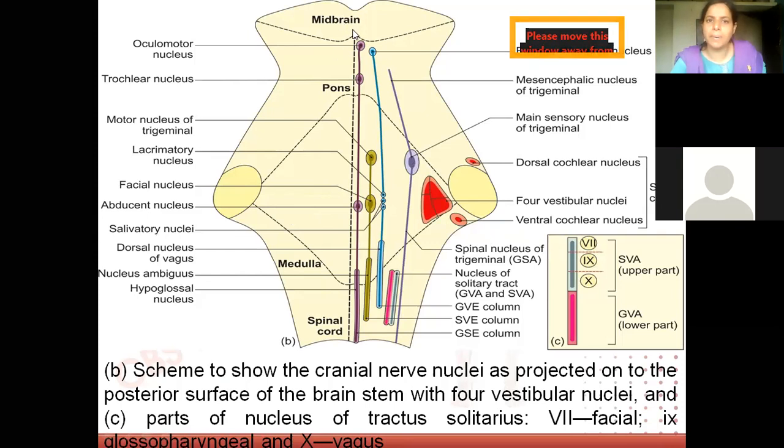Now, this is our midbrain, no? At this level only our oculomotor nerve is coming. So what is the name of the nucleus here? This is the oculomotor nerve nucleus. Very close to this, we also have the Edinger-Westphal nucleus. Trochlear is the fourth nucleus. So in the midbrain, they are in order only, third, fourth, fifth, sixth, like that it will be in order.